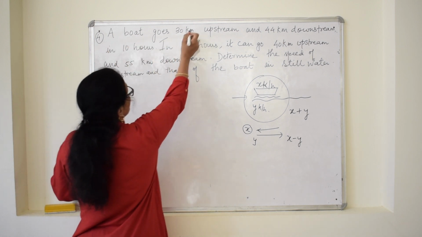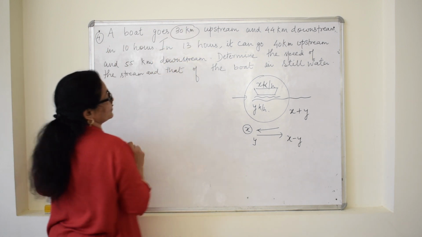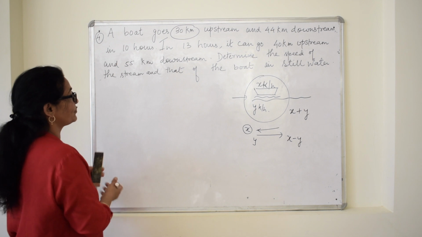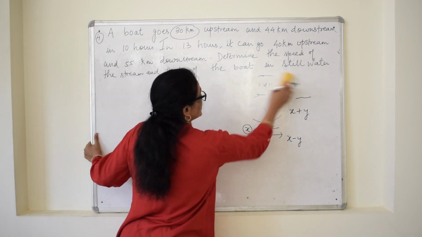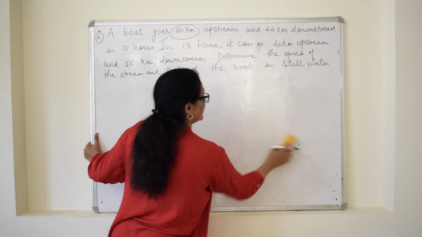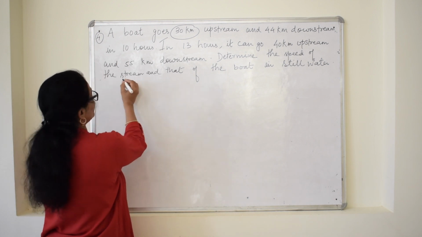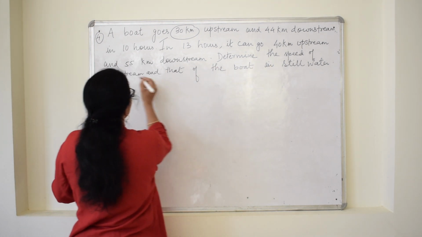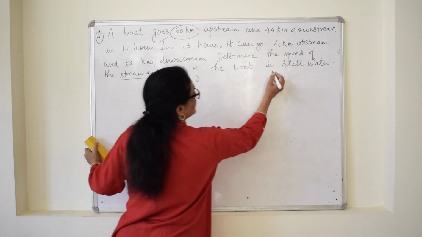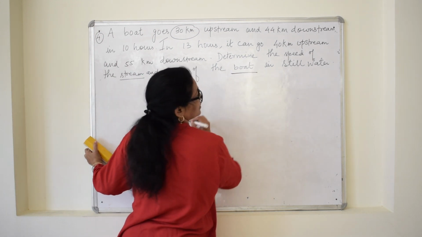Now the boat goes 30 kilometers upstream. First of all, we will assume the speed of the boat in still water to be x kilometers per hour. What are our unknown quantities? We need to find the speed of the stream and the speed of the boat.